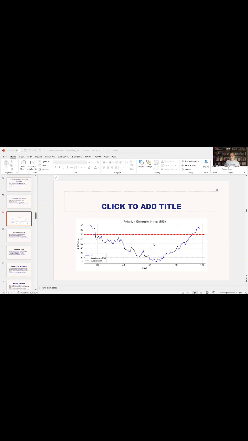The goal is to pick up on a trend. If you've reached a very low point, as you can see on this chart, where it's basically an oversold condition, and you start seeing it trending up from that point, then that could become a buying opportunity.